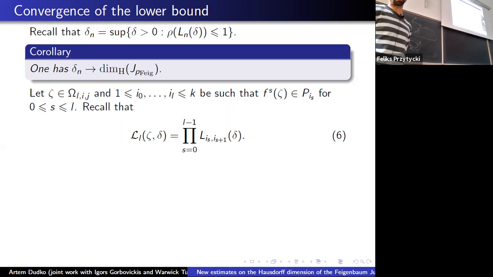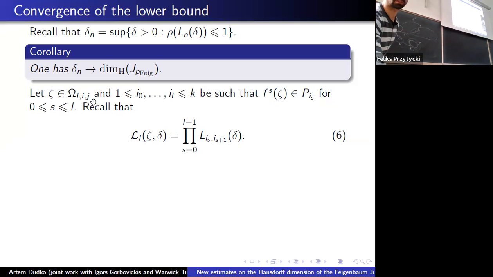Now to compare the spectral radius of the Macmillan matrix with the tree pressure. Once again, assume we have a point zeta as here, mapped by some iterator L to xj, and let E0, E1, E2, and so on be the sequence of indices of p's which the orbit of zeta visits.